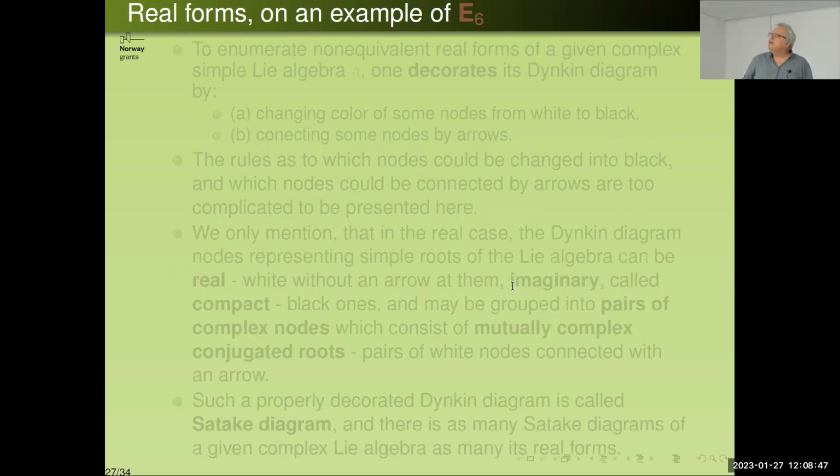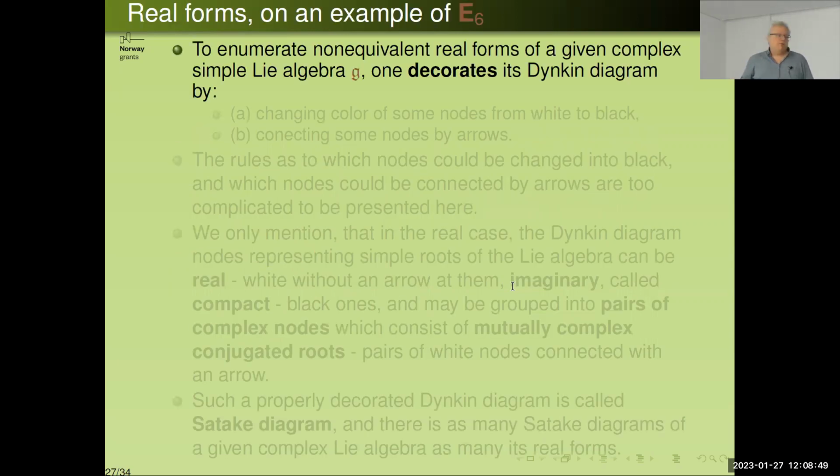And let me go. So now we have to know something about real forms. We know about real forms of the groups SO or even SU, but what are the real forms of these exceptional ones? To enumerate non-equivalent real forms of a given complex simple Lie algebra, one decorates its Dynkin diagram, but differently. This new decoration is as follows.